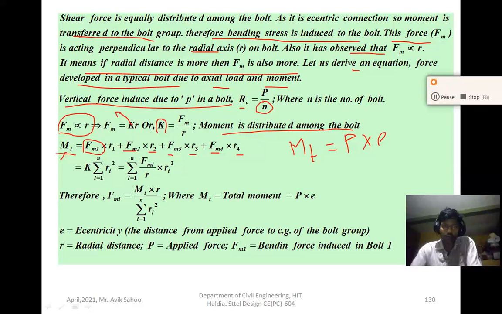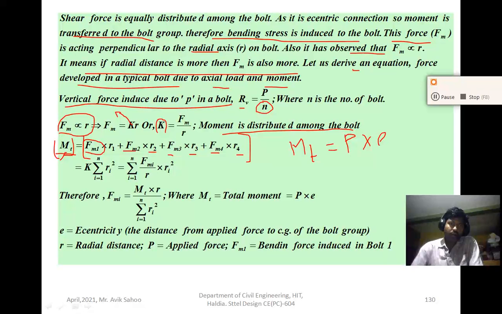So 4 bolts are used with different radial distances R1, R2, R3, R4 to get the resistive moment. So this one is the resistive twisting moment, and this is the applied twisting moment.